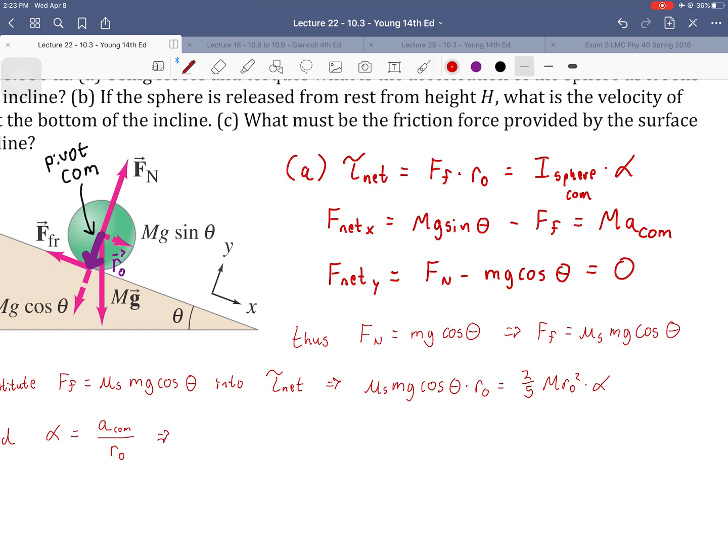Okay, so from here, we can just make a couple more substitutions and get a nice result. You'll see that these problems clean up incredibly well by their very nature. So I'm going to rewrite our torque net equation. I have mu s M, oh, this should be a big M. I see, I wrote it as a little m too many times.